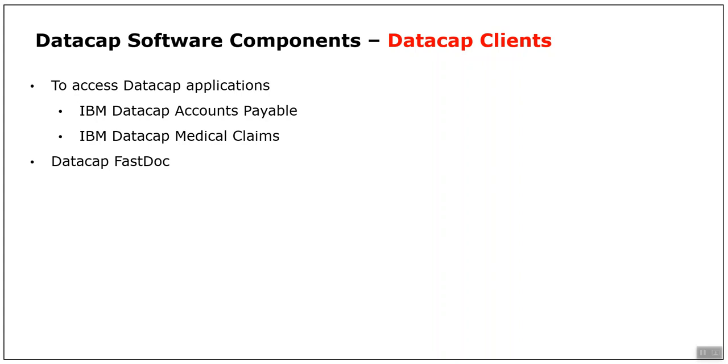We can also use Datacap FastDoc to create an application for development. So this is also a rapid application development tool that you can use to create your own application as quickly as possible. People say ASAP.